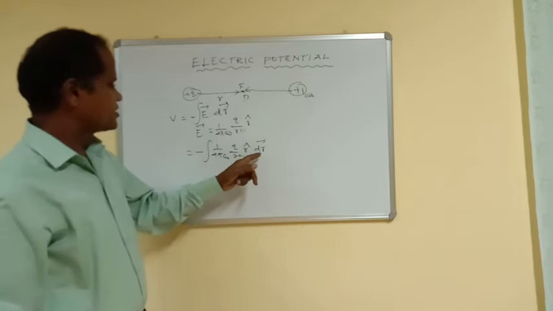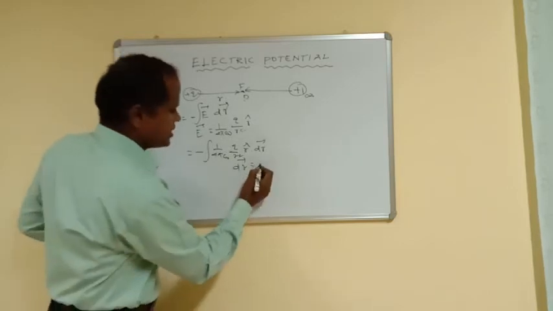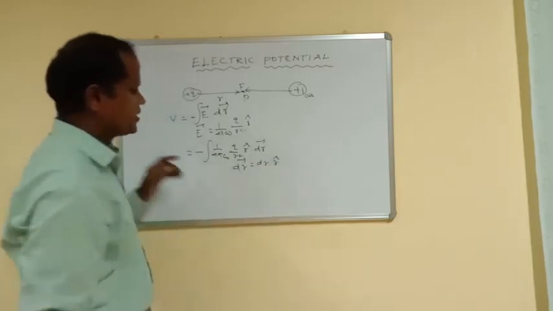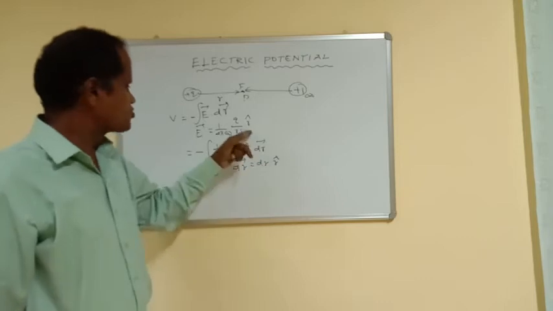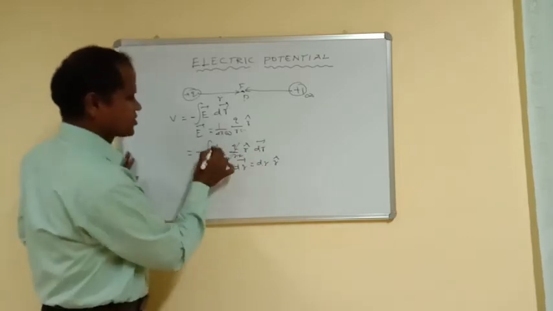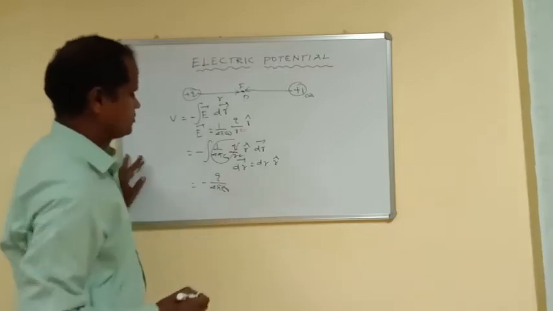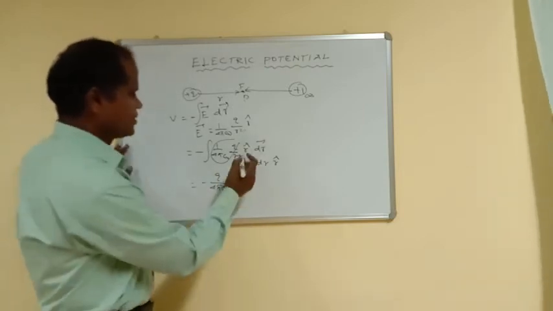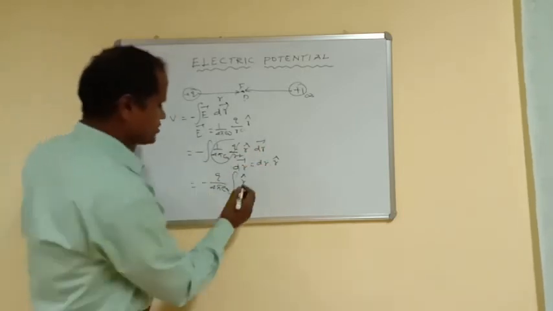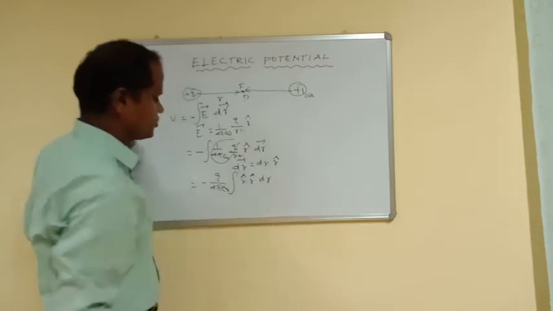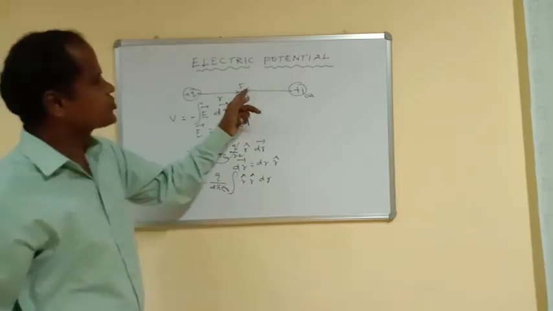Here this dr vector can be written as dr vector is equal to dr times r cap. dr is the magnitude, and r cap is the unit vector acting in the direction of dr. Now substituting this here, we bring q by 4 pi epsilon 0 out, and in place of dr vector we place this. That is the definition: we are doing work against the electrical repulsive force from infinity to the point.